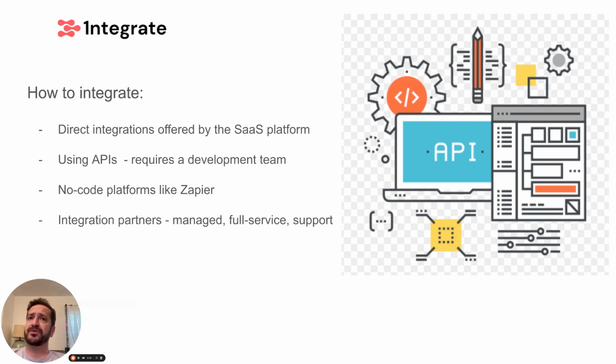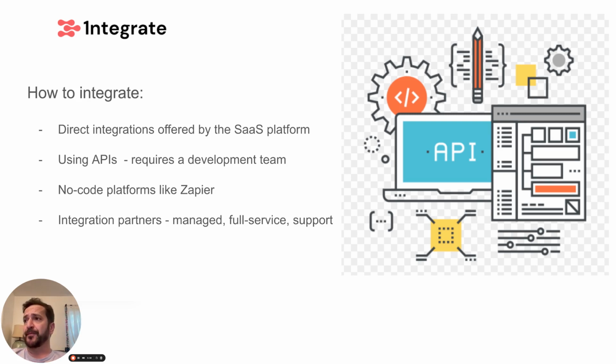These allow you to connect to APIs and connect different platforms. A lot of our best customers have tried to create their own integrations using these no-code platforms like Zapier. And it's a great experience for them to find out how hard it is to integrate.